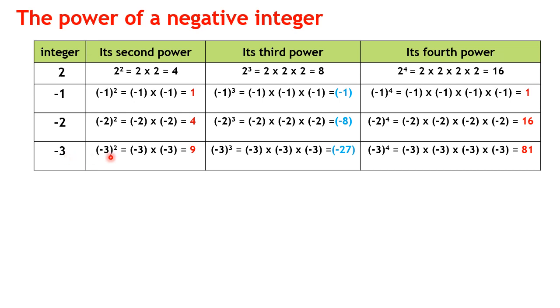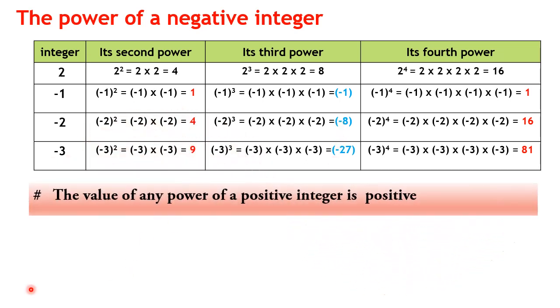Once again, minus 3, second power, positive, that means plus 9. Its third power, minus 27. And its fourth power, plus 81. So it is very clear that when you consider a negative integer, its even powers always give positive results and its odd powers give negative results.